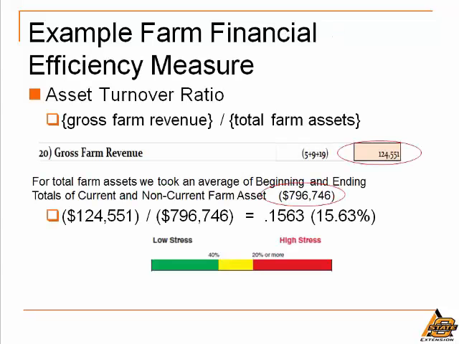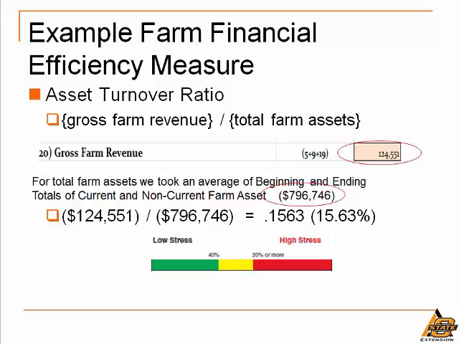As an example of a very common farm financial efficiency measure, here we calculate the asset turnover ratio for the case farm. We use gross farm revenue off the income statement as illustrated here by the screen capture graphic, and divide by the total farm asset value, again the sum of current and non-current.